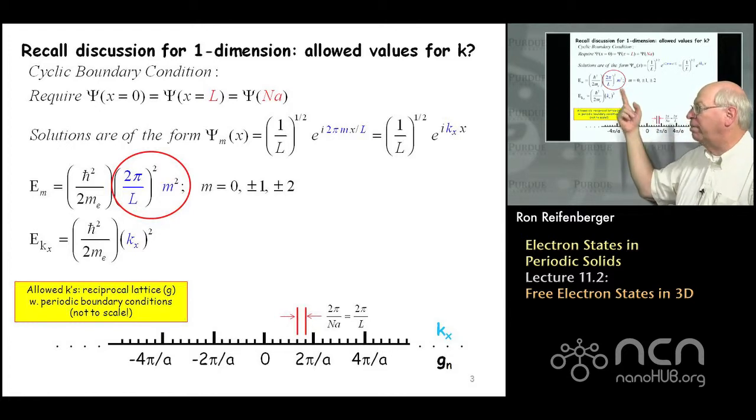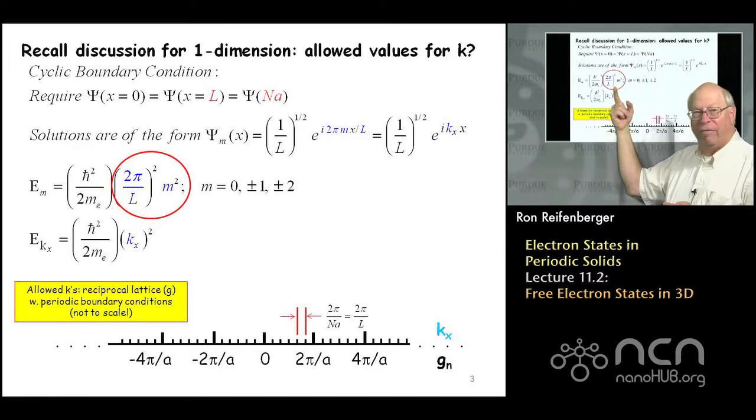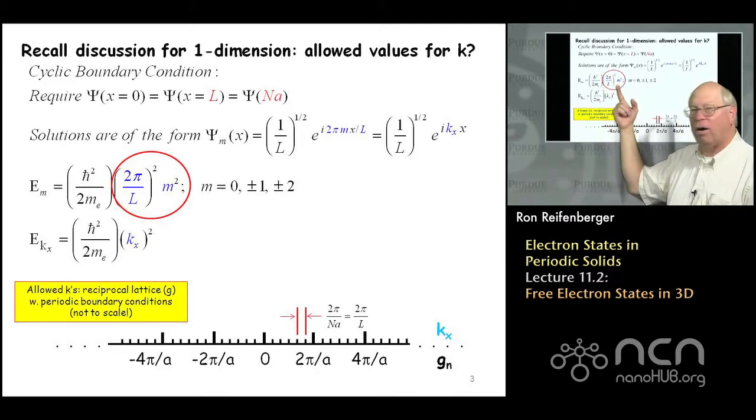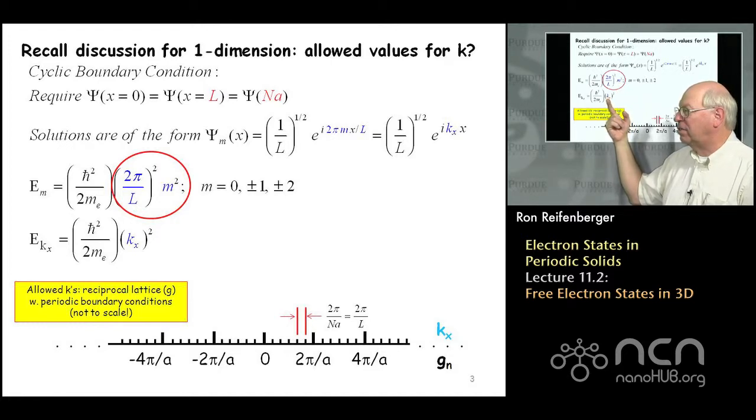You recall in 1 dimension, the allowed wave vectors were 2 pi over L, where L is the length of the crystal, times some integer m, where m is a signed integer. So we can identify this parameter, 2 pi over L quantity squared times m squared, with the wave vector k in the x direction. So that turns out to be kx squared.